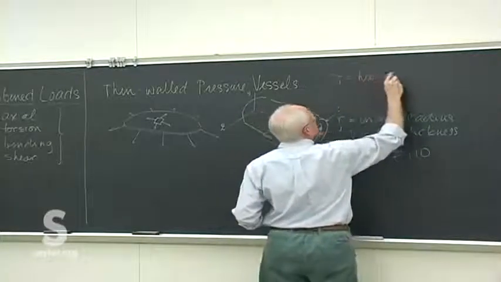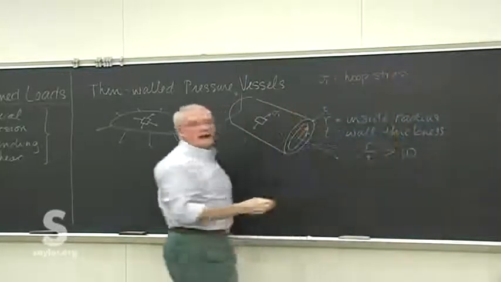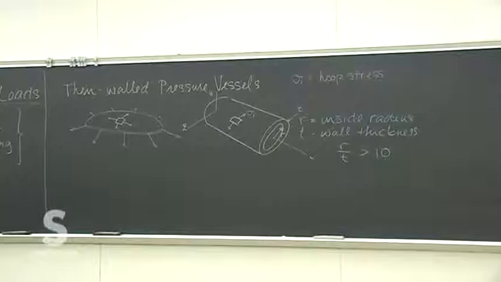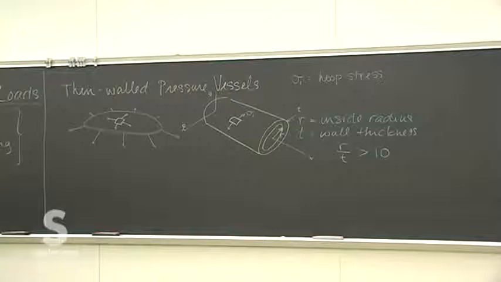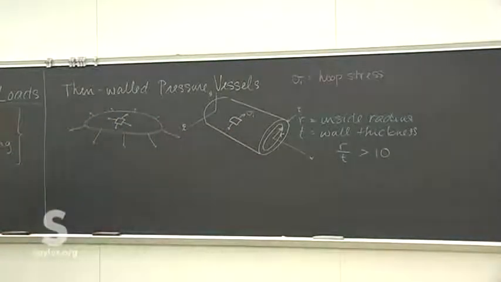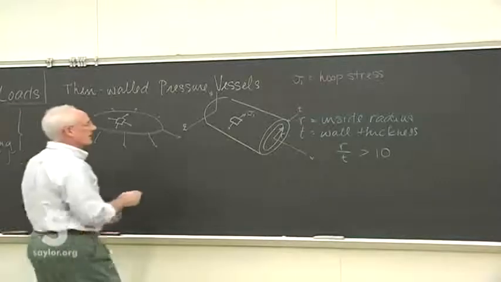Hoop, obviously, because it goes around the vessel, as the type of metal hoops you'd see if we were looking at oak barrels and the like. They have exactly that type of thing, and we'd be looking at the stress. In fact, we have a couple problems in the book looking at pressurized oak barrels with metal hoops running around them.